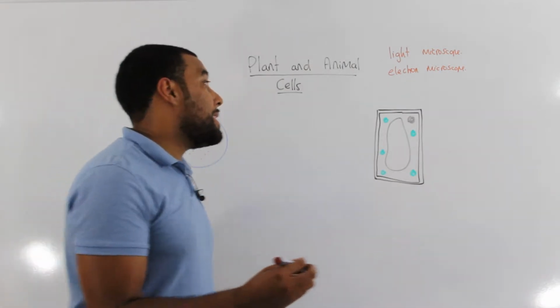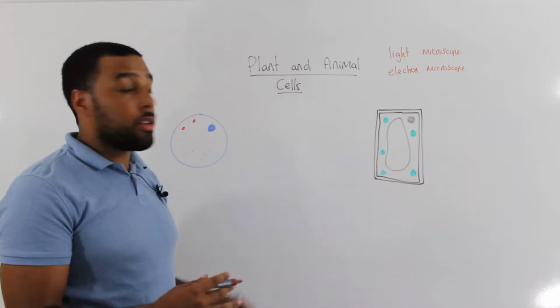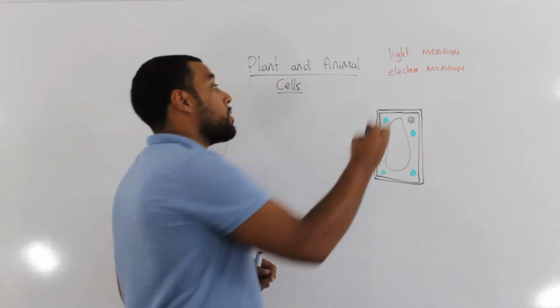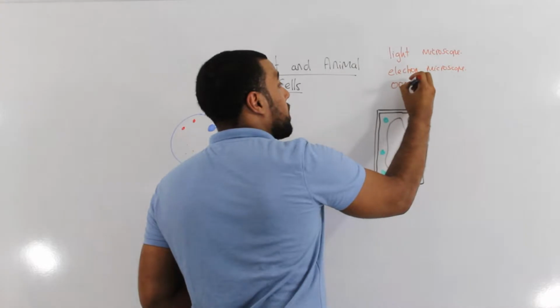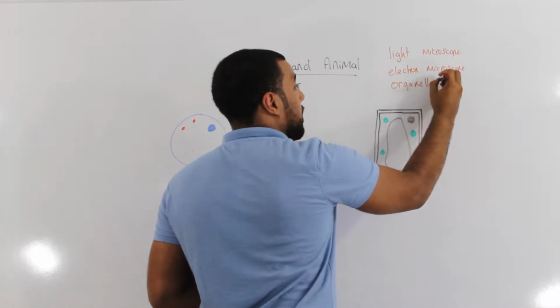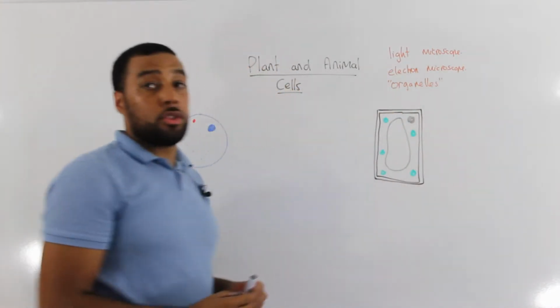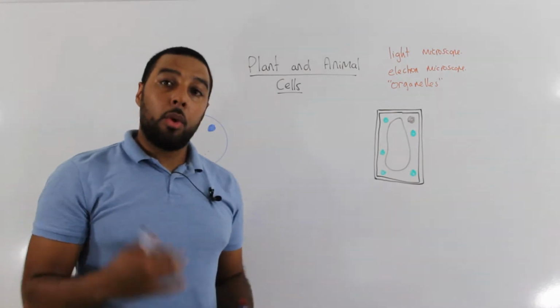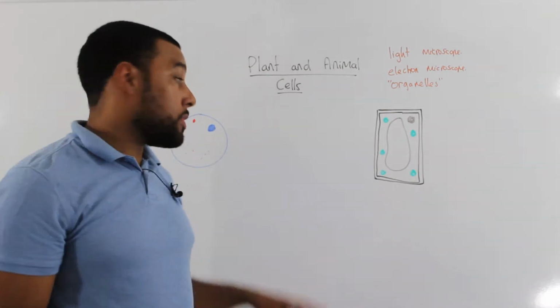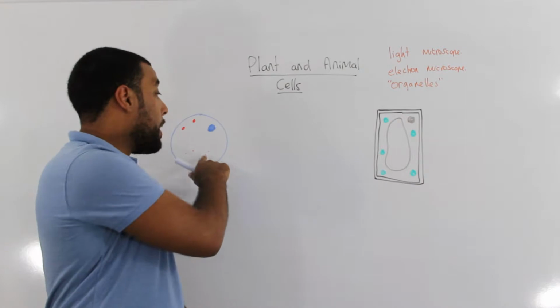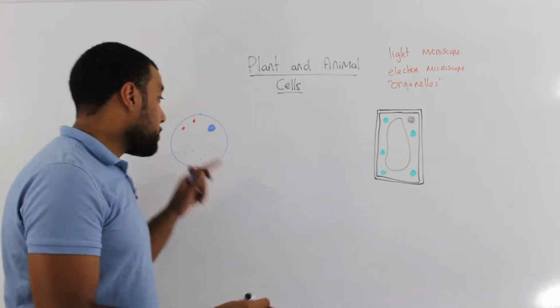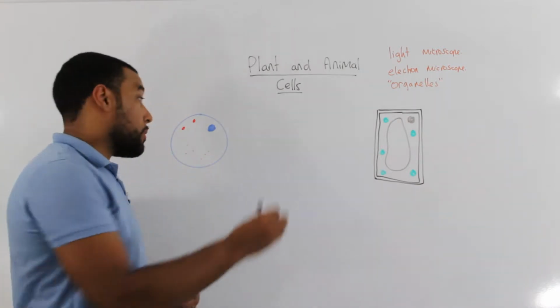So much so that we see these tiny organs inside of these cells that we call organelles. And that word organelles just means tiny organs. We're going to take a look at some of those organelles in this lesson within a plant and an animal cell. So let's start off with our animal cell.